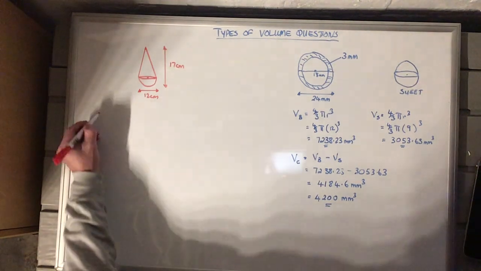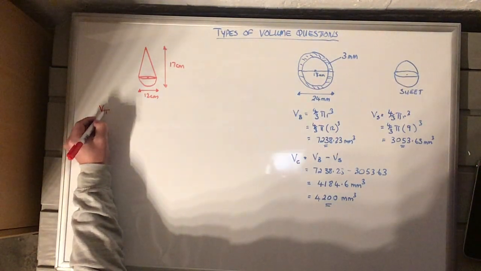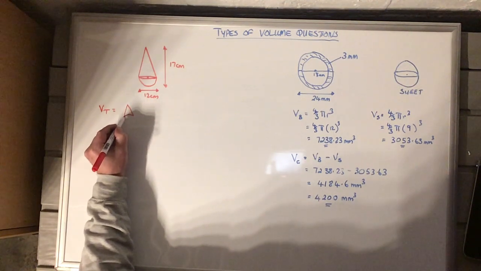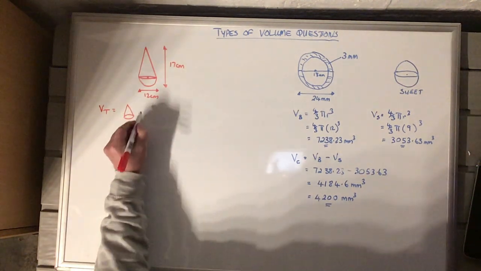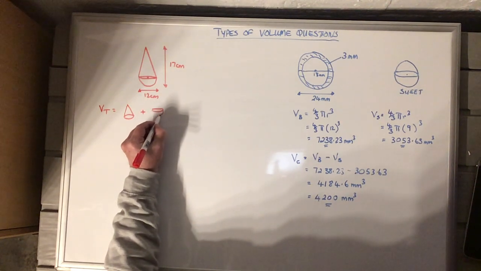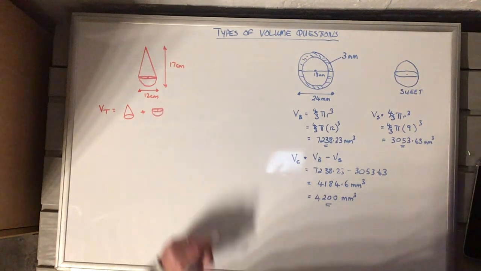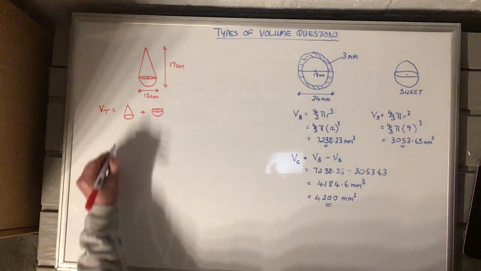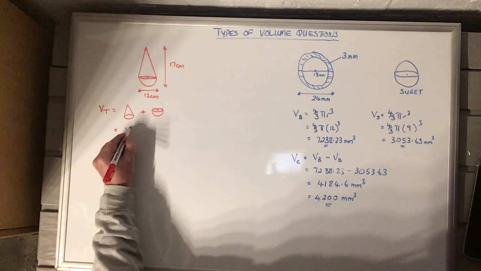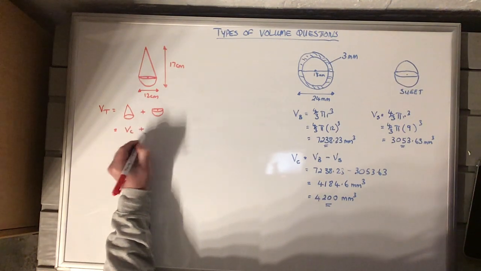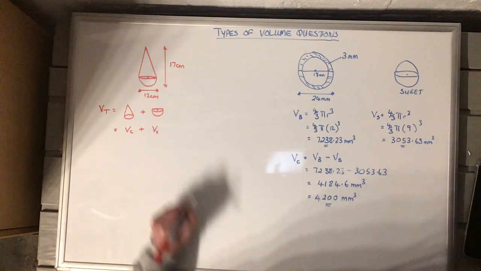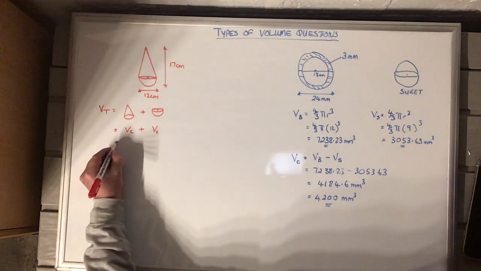So back to this one, volume total is equal to, I like to just draw the cone. It's called a strategy mark. So my cone plus half a sphere. And that's meant to be half a sphere. Okay, so cone, well, we know that volume, so that's the volume of a cone plus the volume of half a sphere. So I'll put S for sphere. So what's my formulas?